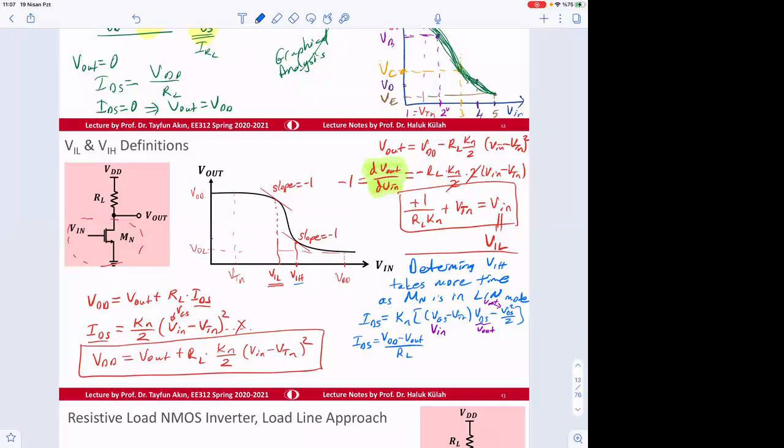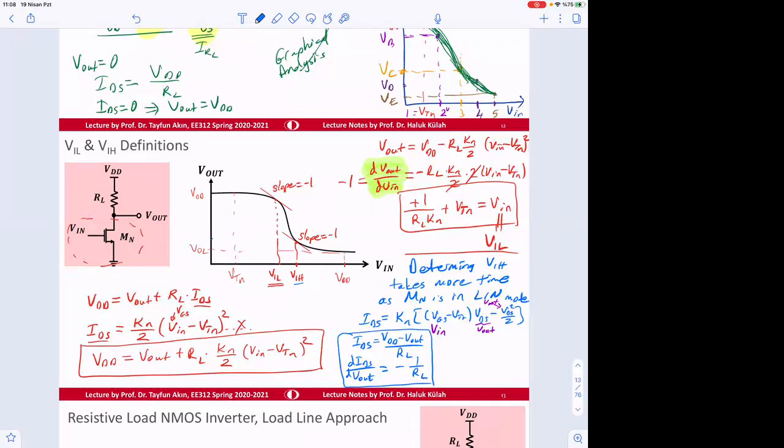Okay, so if we take the partial derivative of dIDS divided by dV out, then this is going to be simply minus 1 over RL. That is the value for the resistor, coming from the resistor.